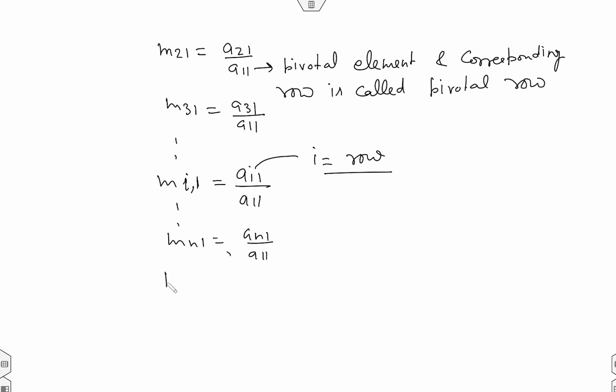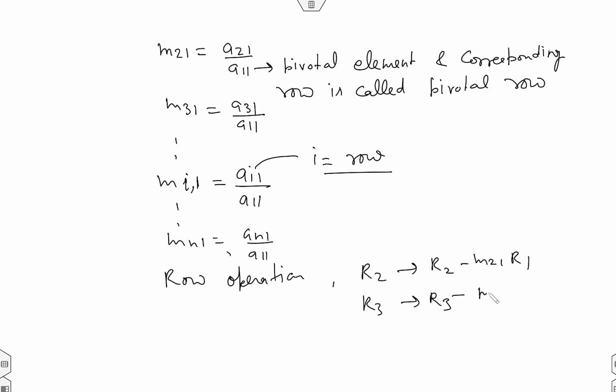After that we will apply row operation. What is row operation? R2 as R2 minus M21 R1, R3 as R3 minus M31 R1, and then Ri as Ri minus Mi1 R1.